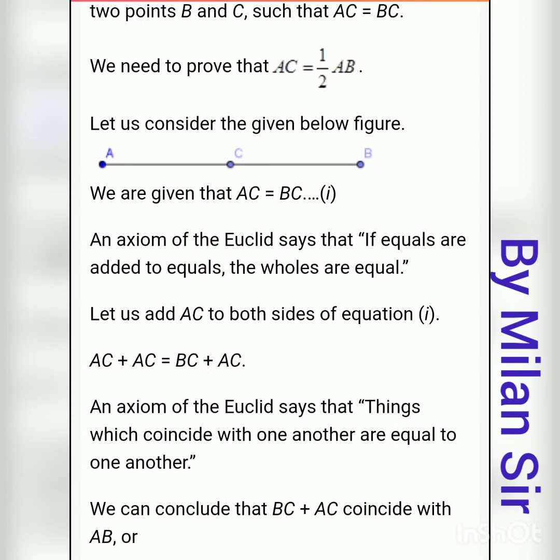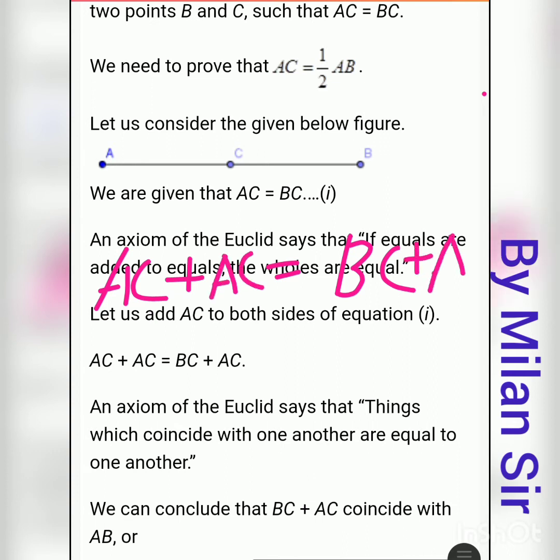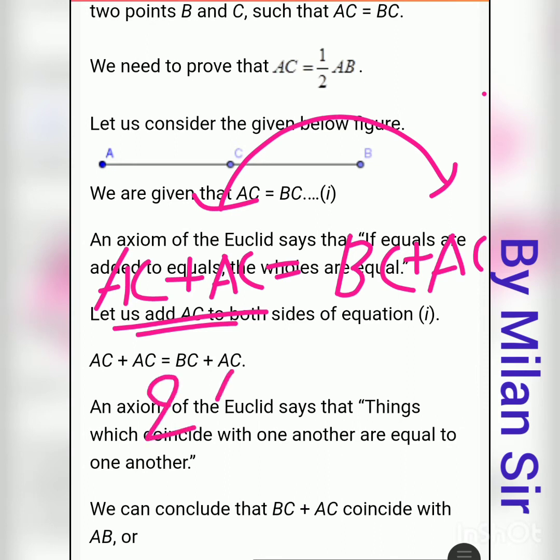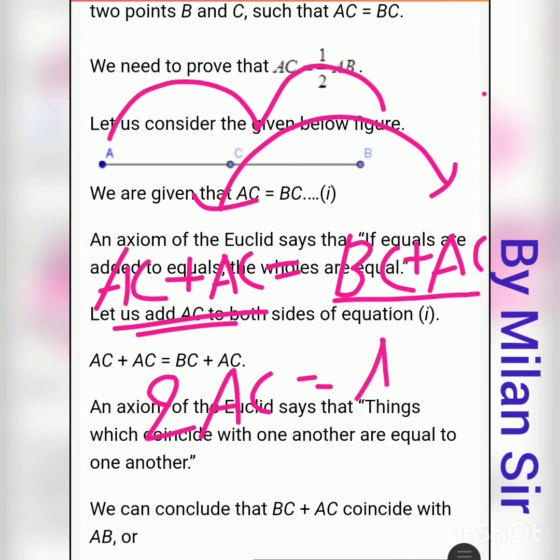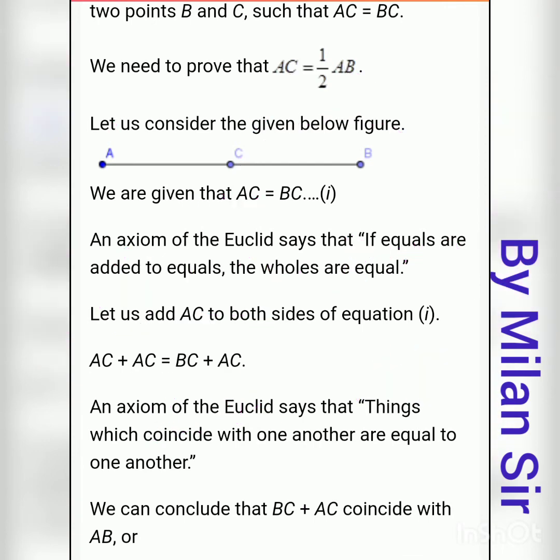Now we add equal things on both sides, that means we add AC on both sides. AC plus AC is 2AC, and BC plus AC is AB. So AB is equal to 2AC.